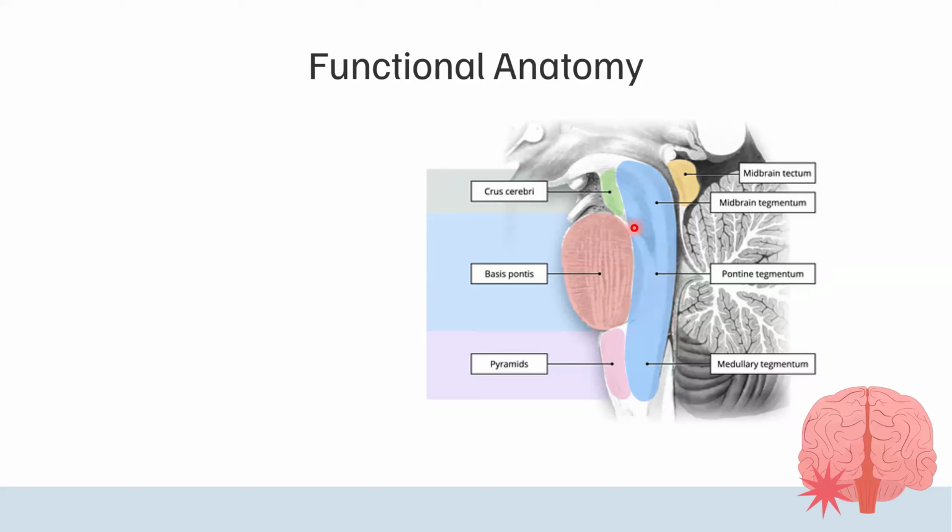So we can see this huge blue portion here that makes up basically the bulk of what we're looking at. And it depends on where in the brainstem I'm exactly looking. So for the midbrain, it's going to be in the center. However, as we can see for the pons, it is posterior, and for the medulla, it is also posterior because it doesn't have any room to extend since we have the cerebellum here.